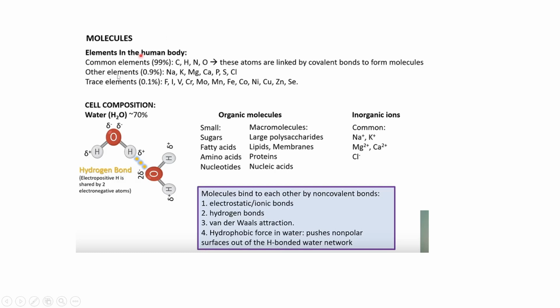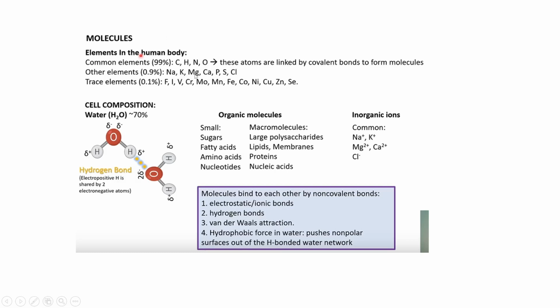And apart from that, other elements and trace elements are also present in minor quantities, such as sodium, potassium, magnesium, calcium, phosphorus, sulfur, chlorine, and other trace elements such as iodine, vanadium, chromium, molybdenum, manganese, cobalt, and so on. These trace elements are required because certain enzymes require these elements as cofactors.